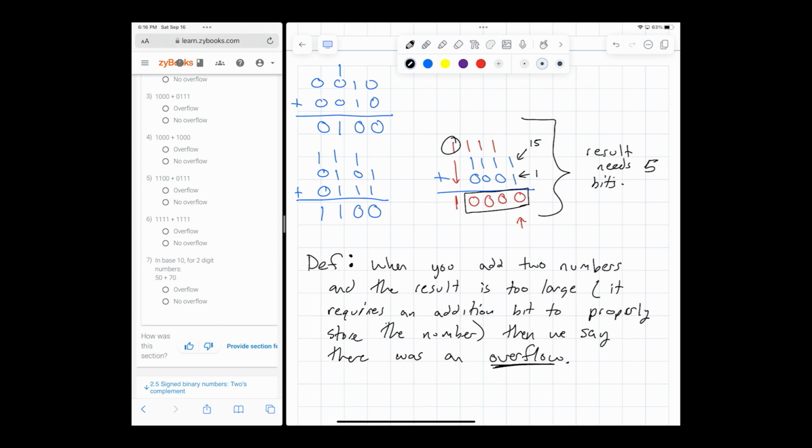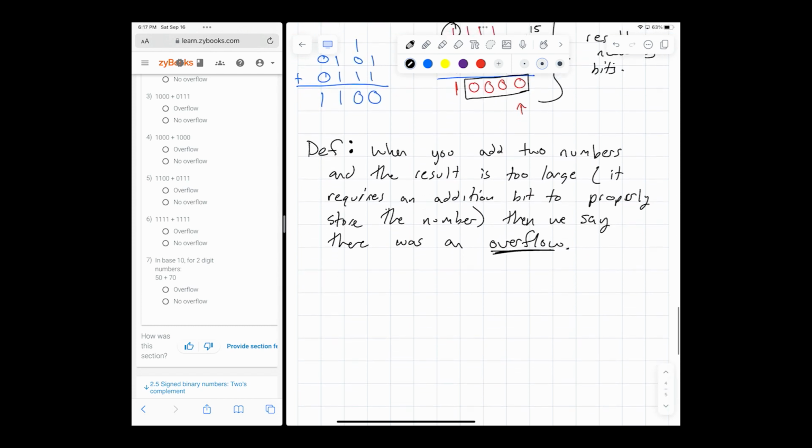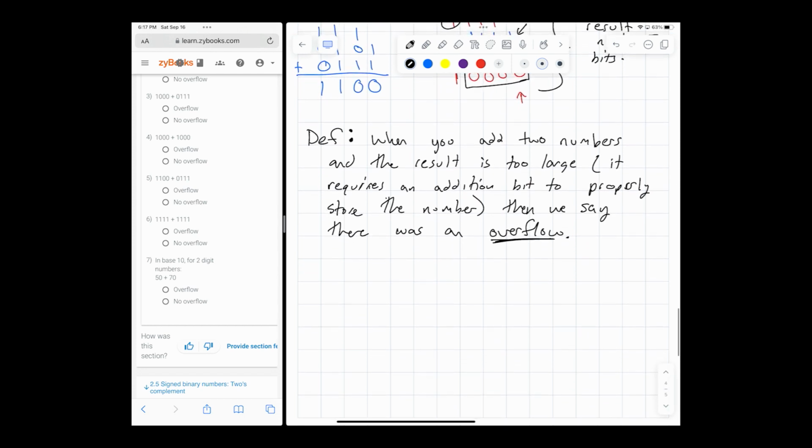And so that's obviously the wrong answer. And the way you could tell that the answer was going to be wrong was because there was a carry bit here. The 5th carry bit was 1. So that 5th carry bit can basically detect if there's going to be overflow. So basically, this is an example.